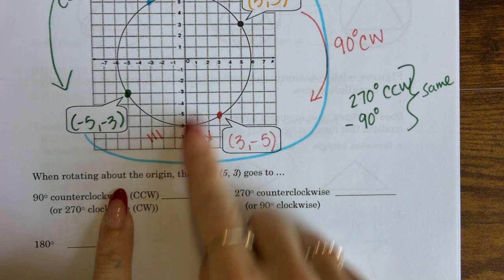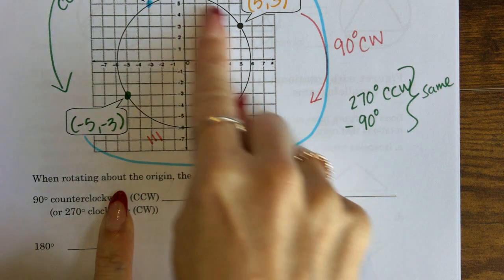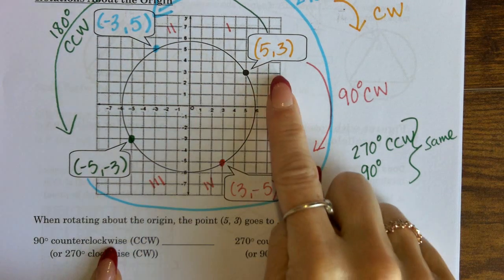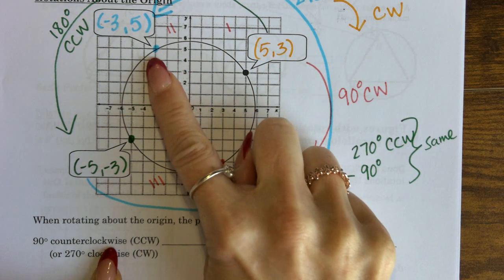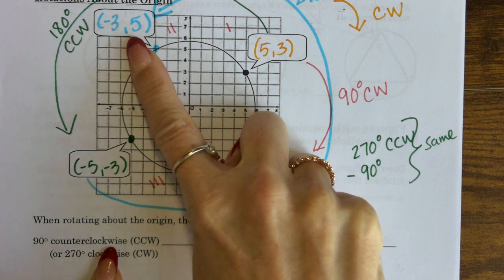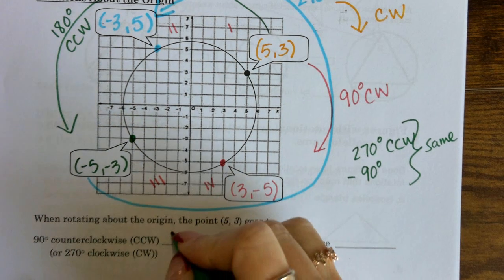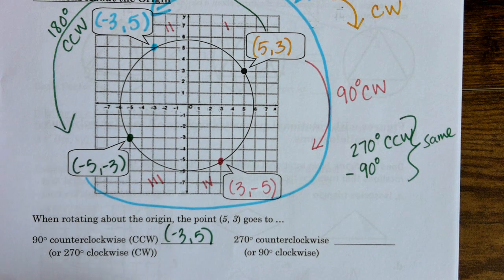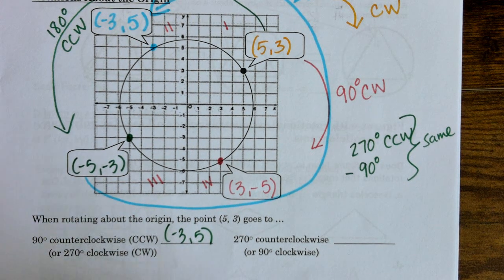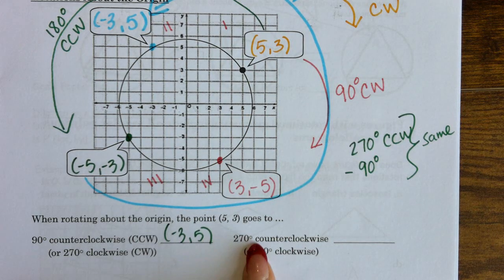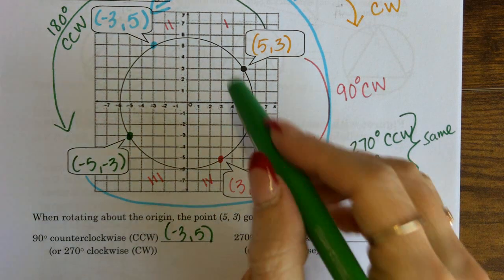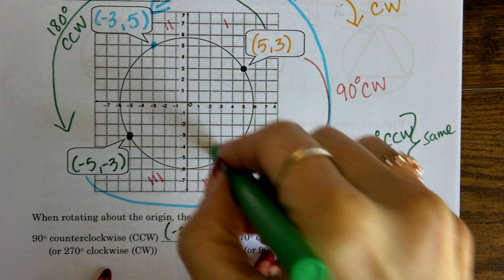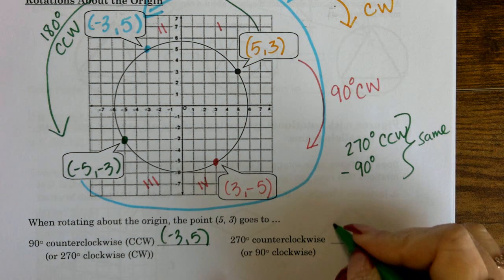Okay, let's talk about these. When rotating about the origin, so that's what we did with all of these. 90 degrees counterclockwise, so 5, 3, 90 degrees counterclockwise becomes -3, 5, so write that one in. So we're not going to turn the paper anymore, we're just going to look at what we filled in. 270 degrees counterclockwise, so from here we go 90, 180, 270, becomes 3, -5.